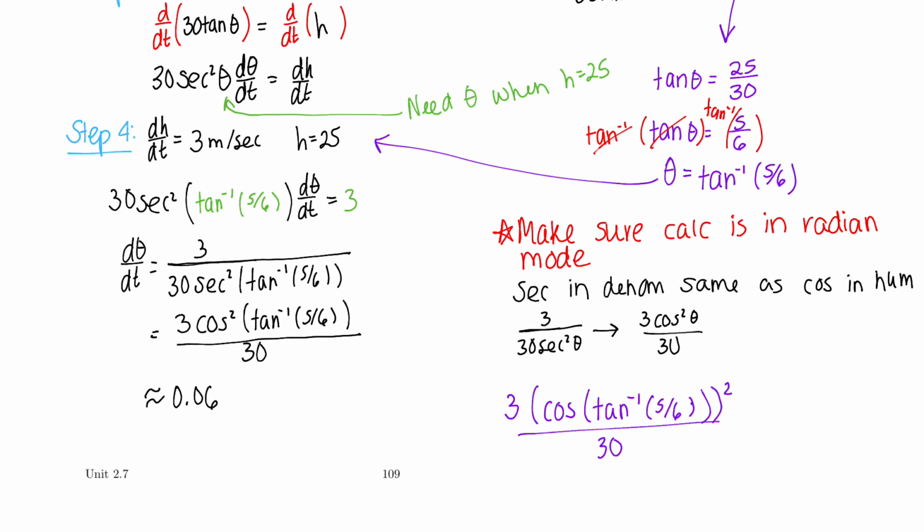And then because we're talking about the change in theta, it's in radians, so it's radians per second. Technically, radians are a unitless angle, but you would say radians per second. And that would be your answer.